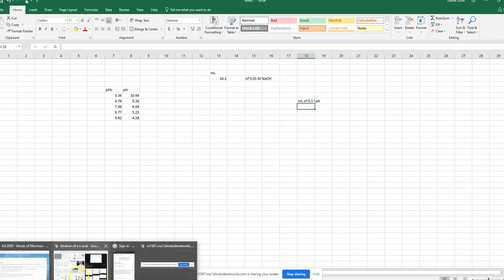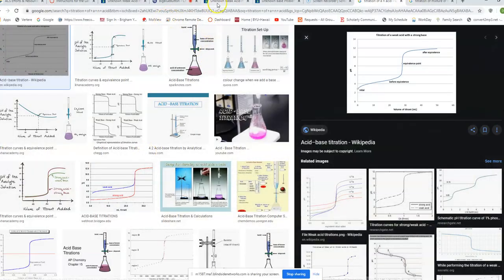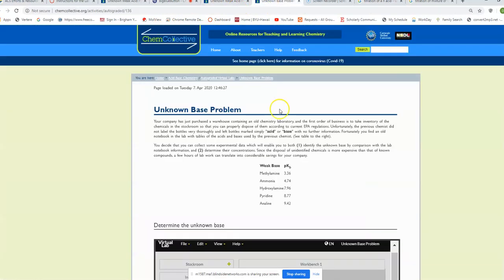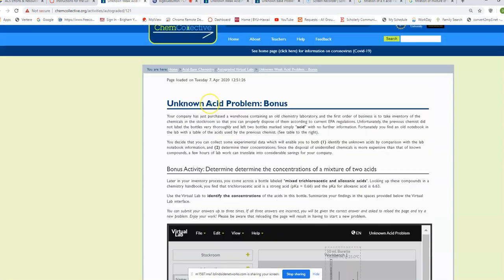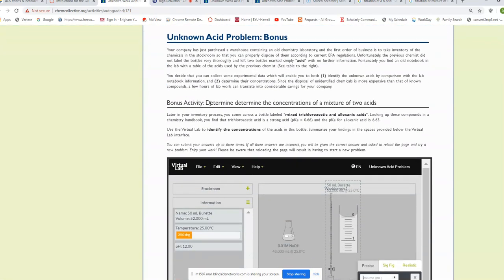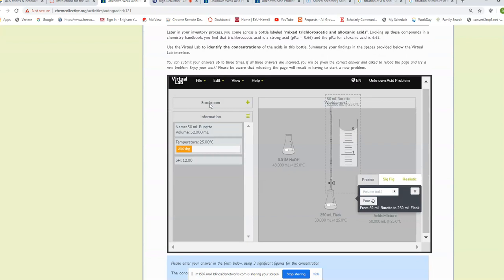So here I have my titration. All right. So I'm going to add my volume. I'm going to get to 12, so I'll go 6 to start off with.